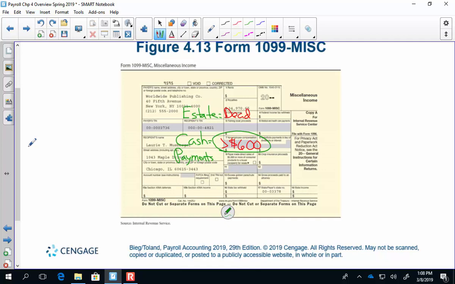There's royalties in box 2. Another very common 1099 report is for rents. A lot of us, or a lot of companies rent to an individual or from an individual their office space, their factory space, their warehouses, and that payment has to be totaled and reported for the IRS.